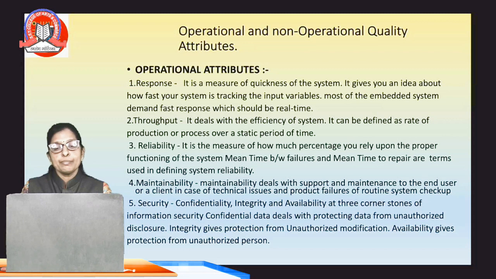Now the fourth one is maintainability. Maintainability deals with support and maintenance to the end user or client in case of technical issues and product failures or routine system checkup. So that is maintenance throughout the life cycle of this system.